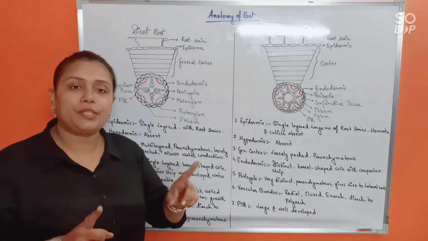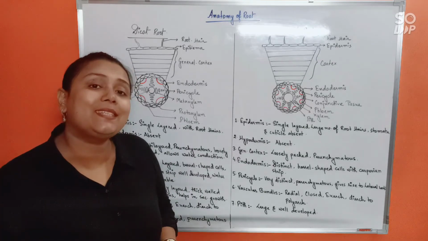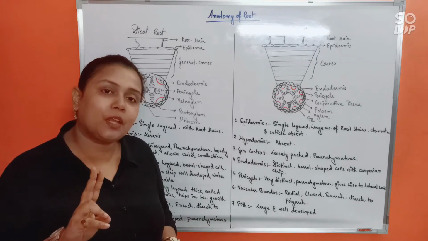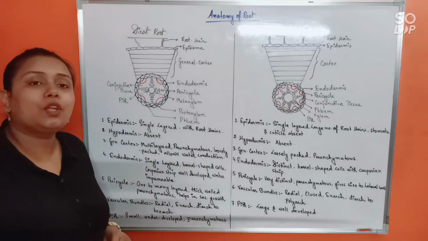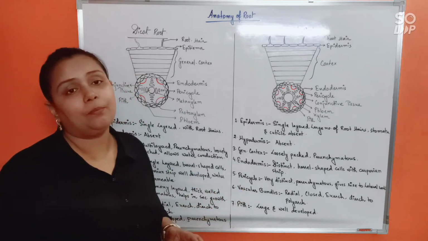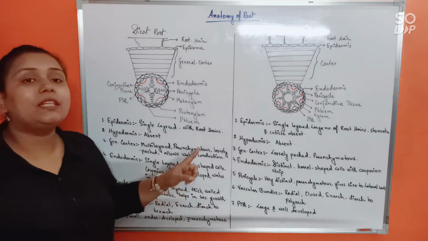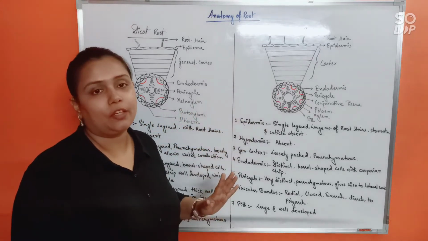So 2 to 6 is also termed as diarch to hexarch. Di means 2 and hexa means 6. So in case of dicot roots, the number of vascular bundles will always be diarch to hexarch. It's a very, very important point and a very important distinction between dicot root anatomy and monocot root anatomy. Okay.